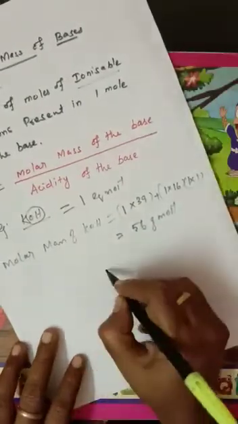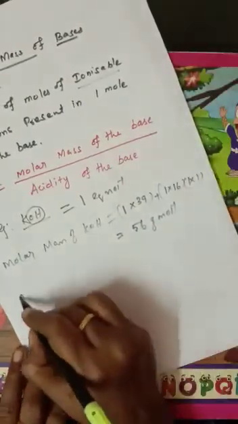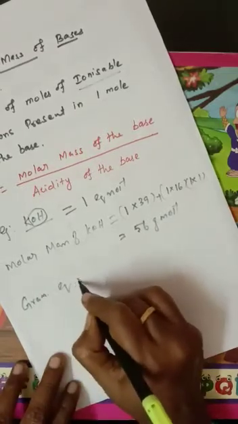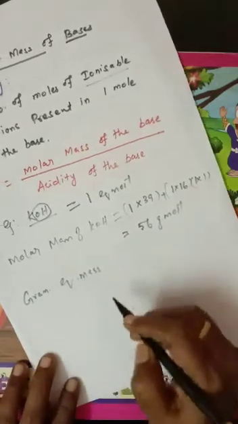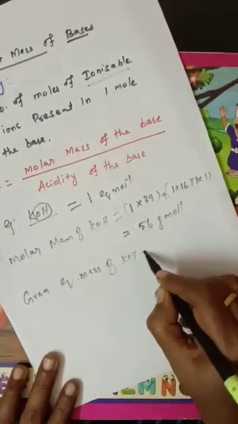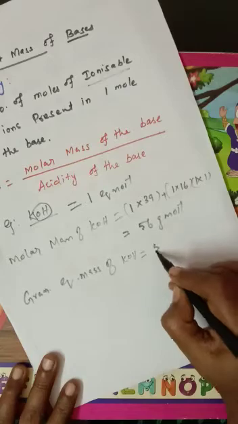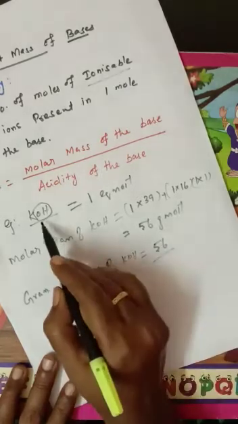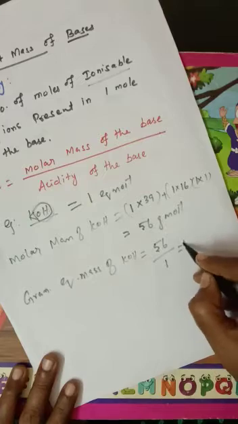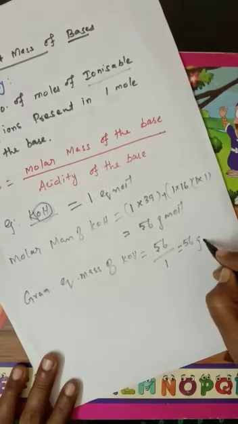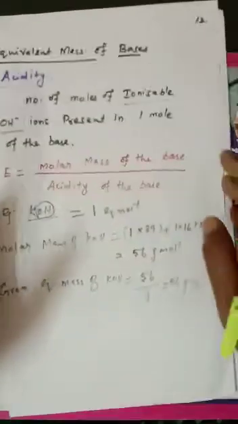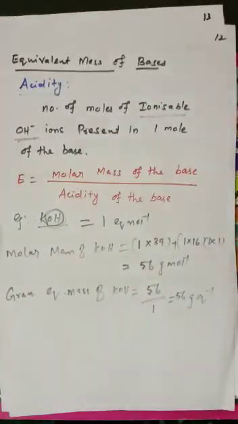Again, the gram equivalent mass of KOH is 56 divided by the acidity, which is only 1 replaceable OH, so it is 56 gram per equivalent. This is known as the equivalent mass of bases.